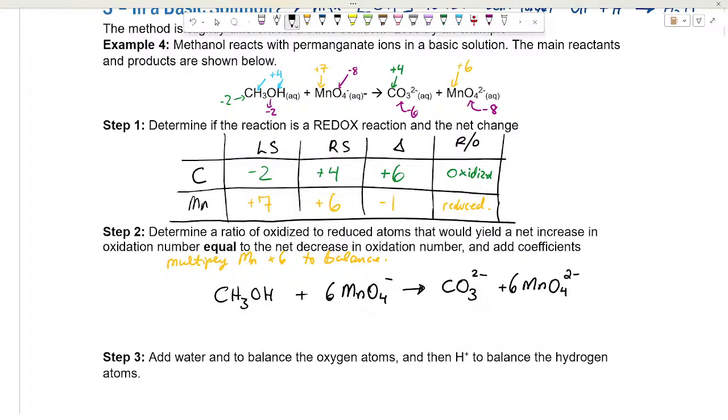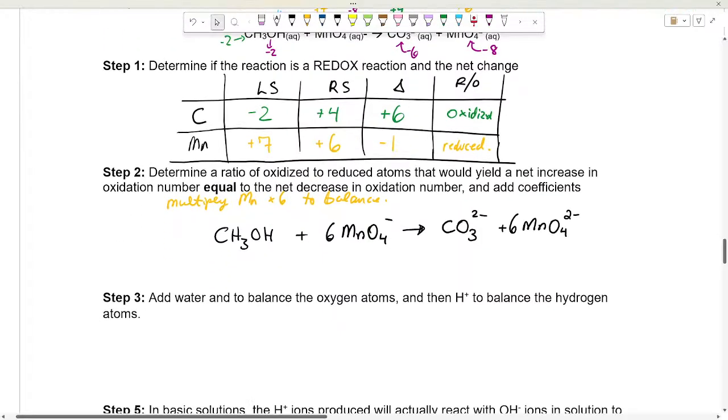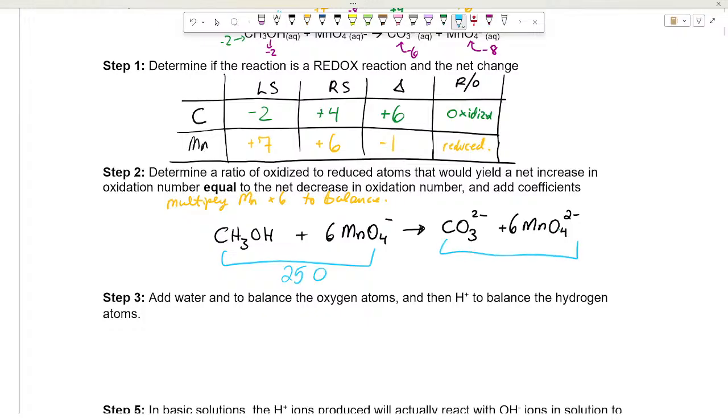Does that make sense? But what is not balanced is, just like last time, oxygen. It's no problem. Let's count here. 6 times 4 is 24, and then we have one more here for a total of 25. All right. What about over here? 6 times 4 is 24, plus 3 more is 27. So we need 2 more oxygen, right?